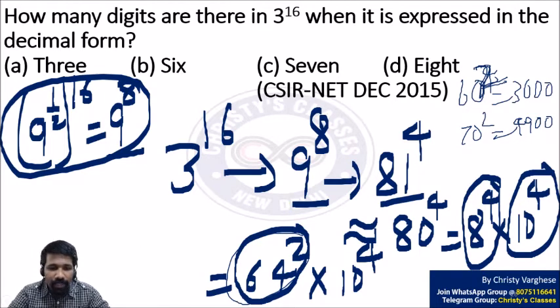That is enough to say that 64 square is going to have 4 digits. We don't know exactly which are the digits, but we are 100% sure that this will have 4 digits only.